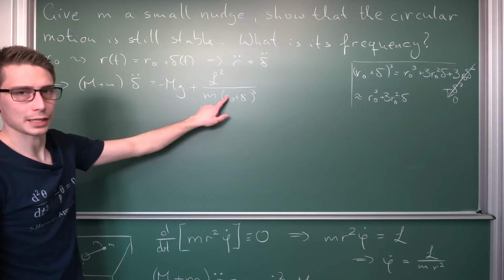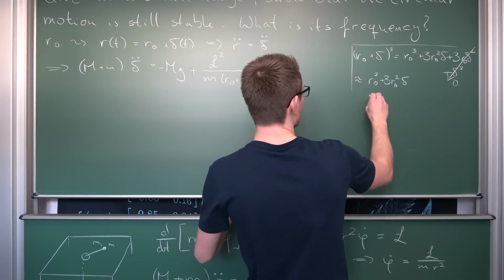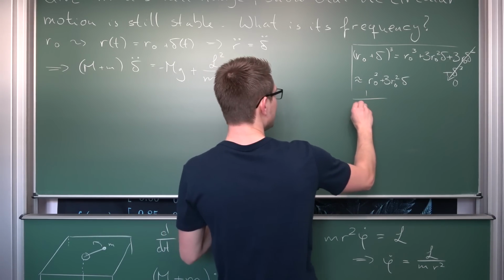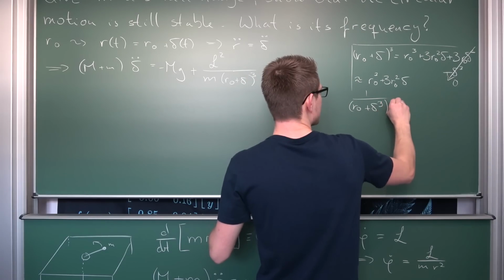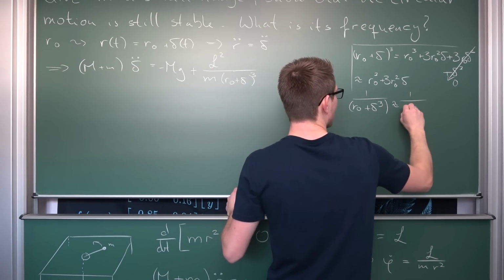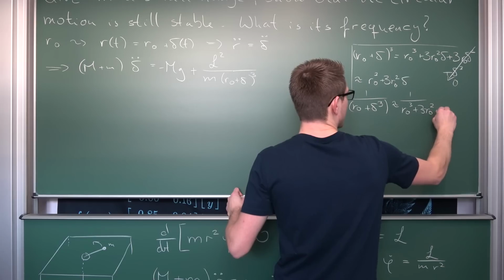And now we can start plugging all of this into here. Let us do a bit more manipulations on this whole problem, meaning 1 divided by (r naught plus delta) to the third power is going to be approximately 1 divided by r naught to the third power plus 3 r naught squared delta.